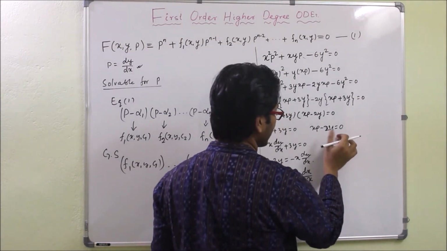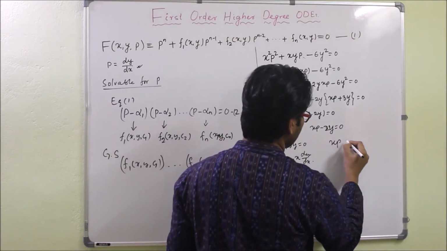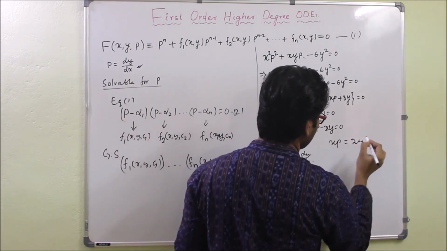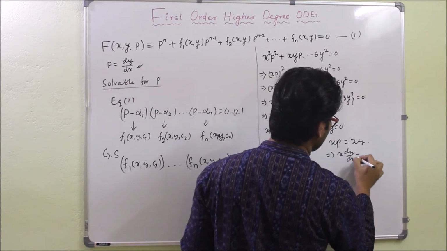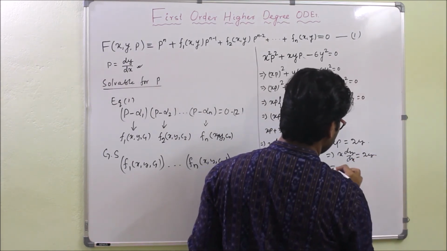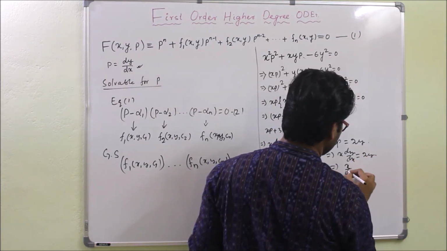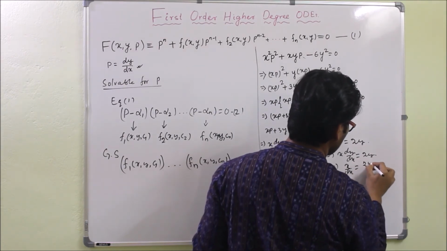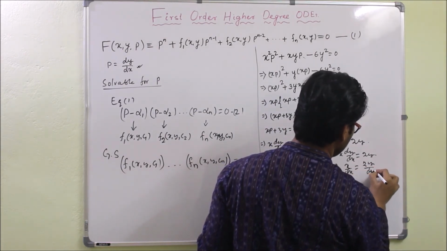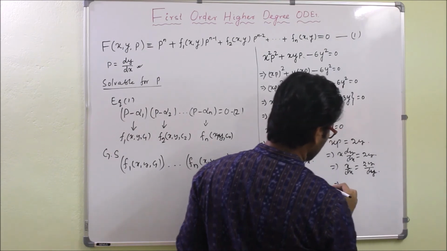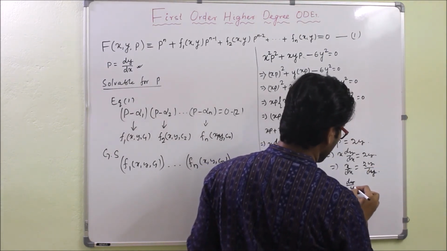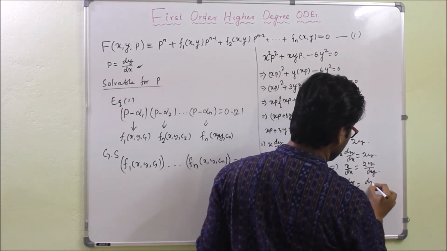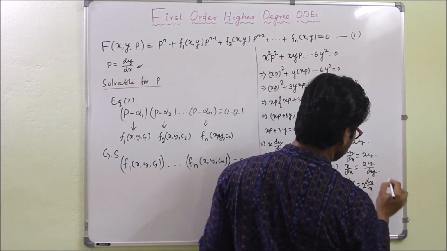Similarly, if we solve the second factor, we will get xp equal to 2y. Now x dy by dx equal to 2y. That implies dx by x equal to 2 dy by y. Now if I take, so it will be dy by y equal to dx by x, this 2.